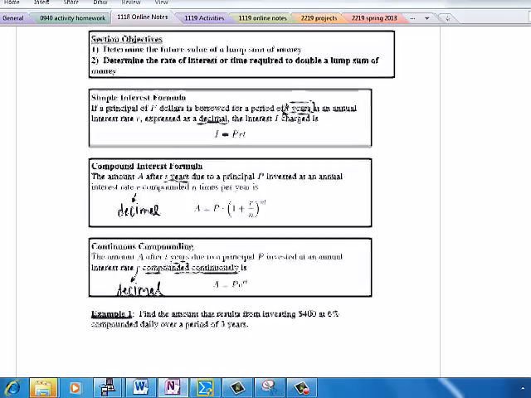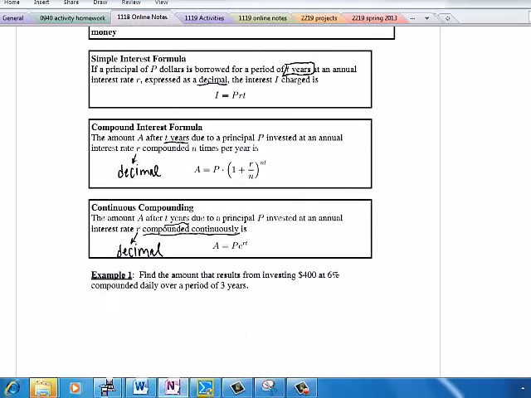In example 1, we're asked to find the amount that results from investing $400 at 6% compounded daily over a period of 3 years.